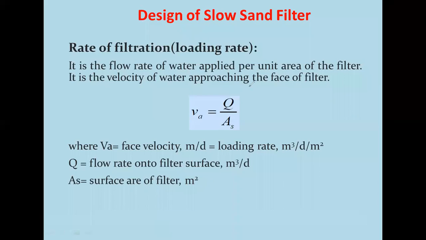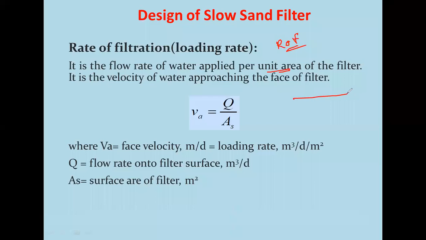So, to understand the design of slow sand filter, we should know what is the rate of filtration or loading rate. The rate of filtration, also denoted by the short form ROF, is nothing but the rate of flow of water applied per unit area.